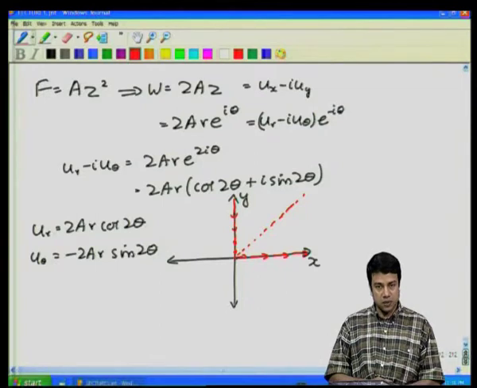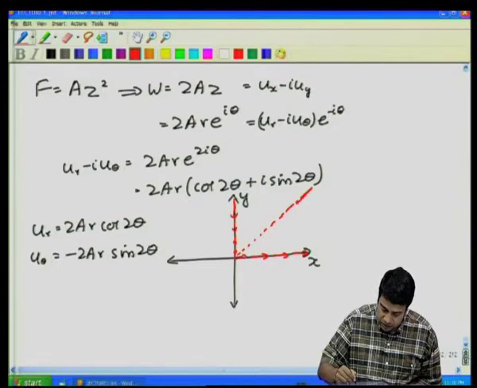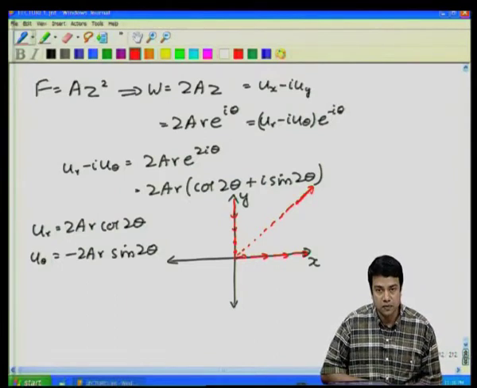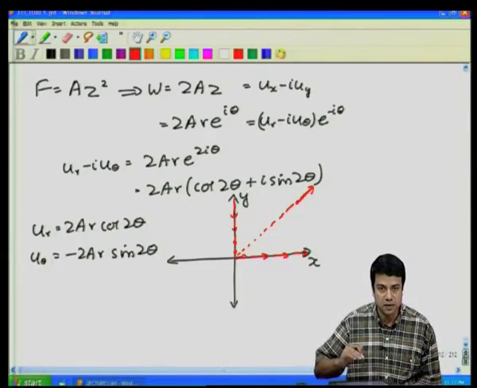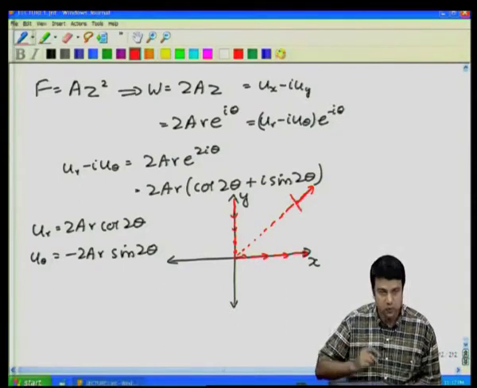Sin 2 theta is 1. That means that u theta is minus 2 a r. The radial direction is along the dotted line that I have shown here at pi by 4, radially outward. So, the component of the velocity along this radial outward direction is equal to 0. The only component is along the theta direction, perpendicular to that one.